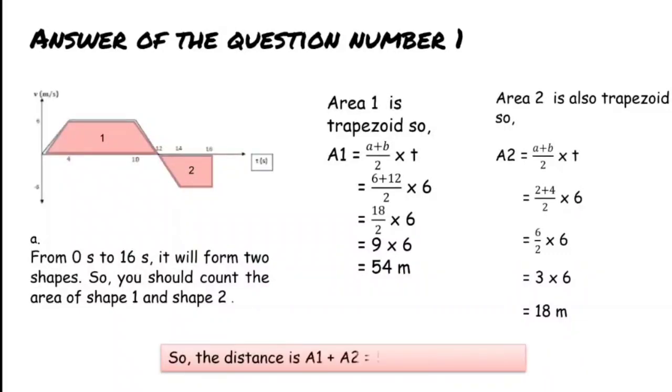So the distance is A1 plus A2 equals 54 meters plus 18 meters equals 72 meters.